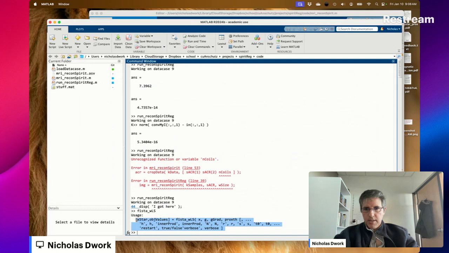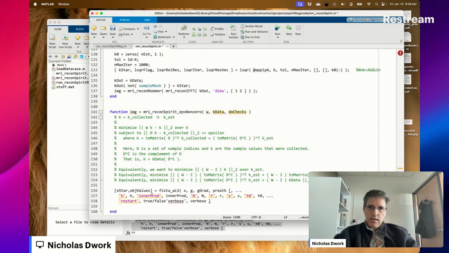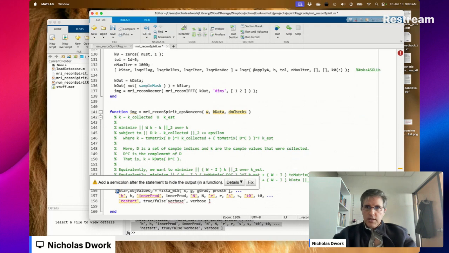I'm going to use FISTA with line search, which is just an amazing technology. Okay, so here's going to be K star. We'll store the objective values. Why not?